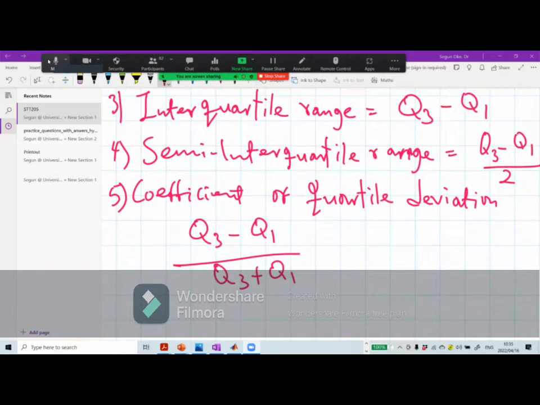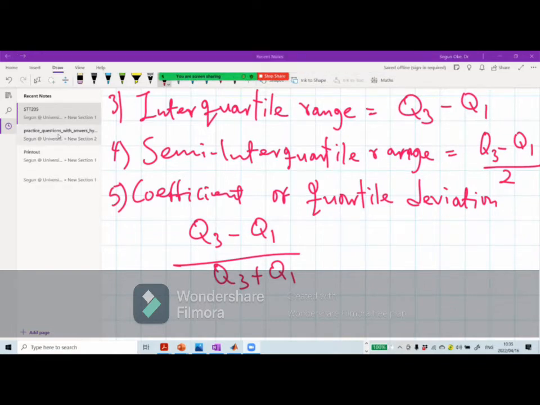So from there, it leads us into what we call our standard deviation, variance, and so on.